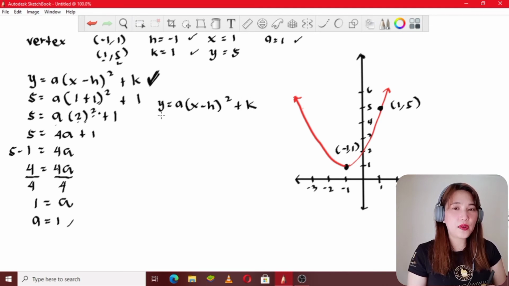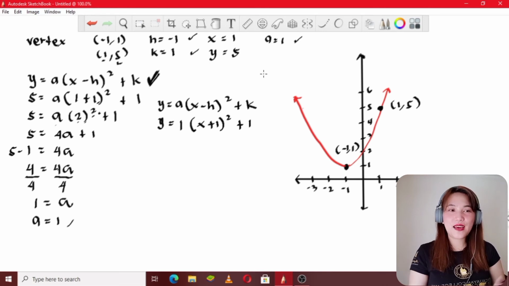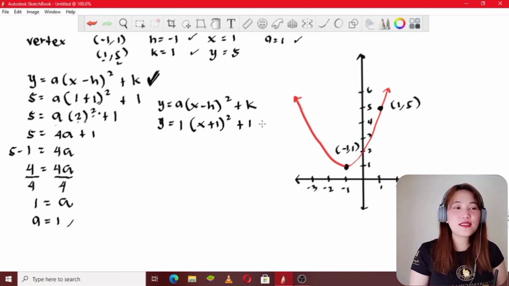Hindi na natin papalitan ng y, so we will just copy y equals a. Our a is 1 times the quantity of x. Hindi na natin papalitan. Minus h minus negative 1, that is positive 1, squared plus k, which is 1. Ayan na siya. So this is now our quadratic function in vertex form.